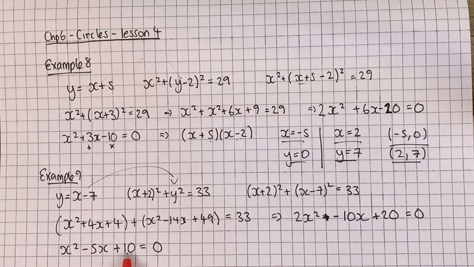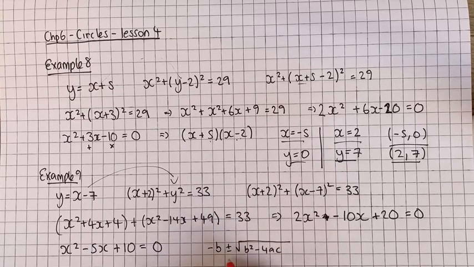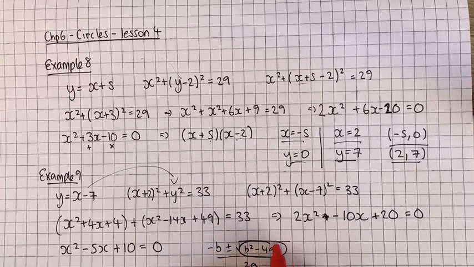So think of the 2 numbers that times together to make 10, add together to make minus 5. Quickly you'll see you can't do it. So if you go for the quadratic formula, which you do need to memorise, this part here is the discriminant.